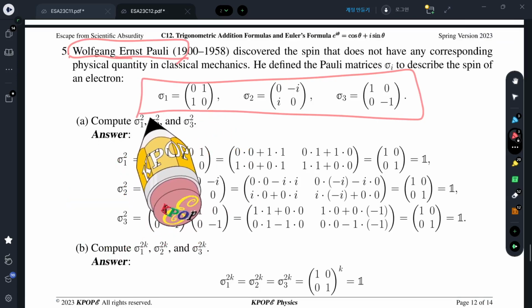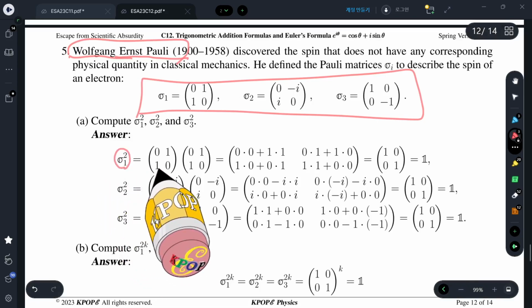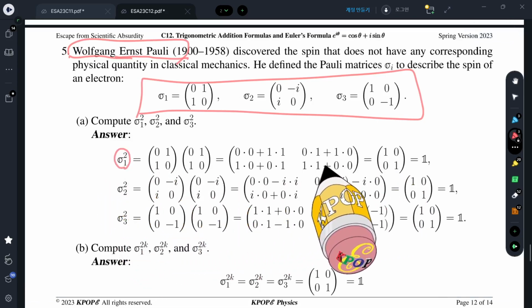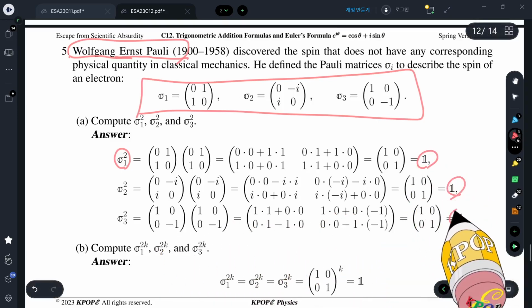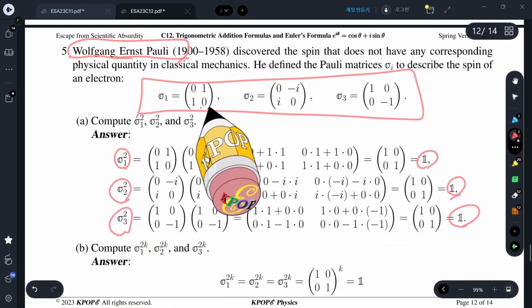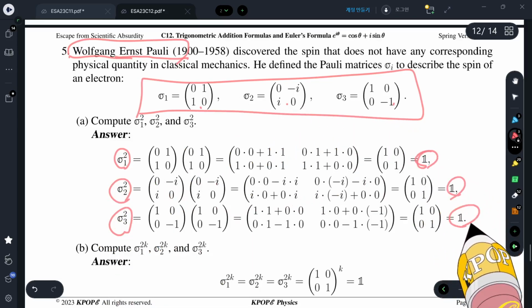So compute the square. It is very similar, but in this case, I have shown all the details of the calculation. Their squares are all, even though they are different, identity matrices.